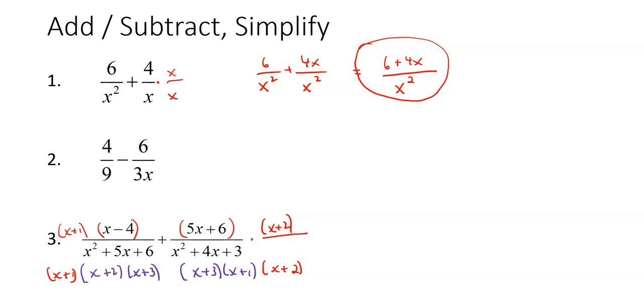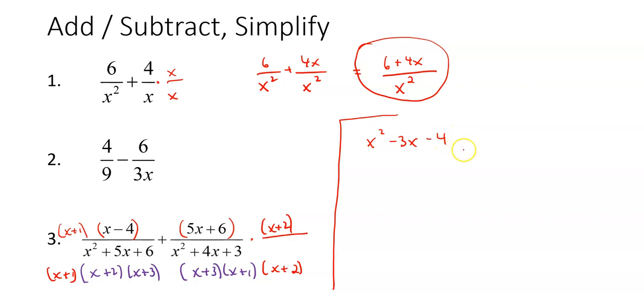The rest of this is just multiplying and simplifying. So look at these first two terms, the x plus 1 times x minus 4. Foil it out. So that gives me x squared minus 4x plus x is minus 3x minus 4.